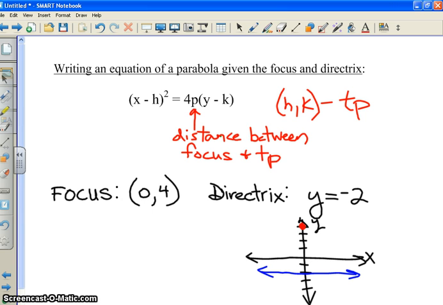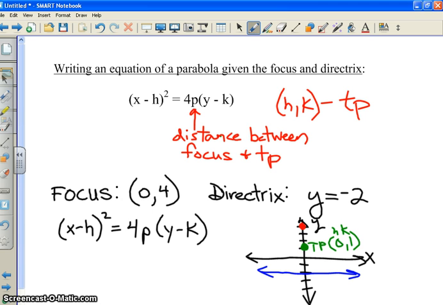So ask yourself, how far apart are the directrix and the focus? Well, it looks like they're 6 apart. So halfway between those 6 will be at a distance of 3. So 1, 2, 3. So we now know the turning point of our parabola is at (0, 1), which means we know h and k in that formula.